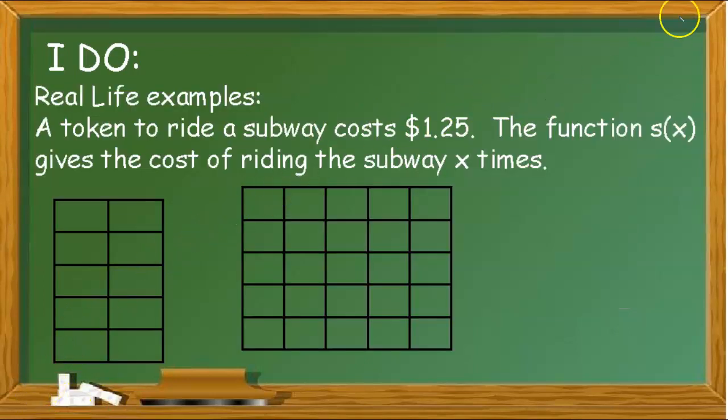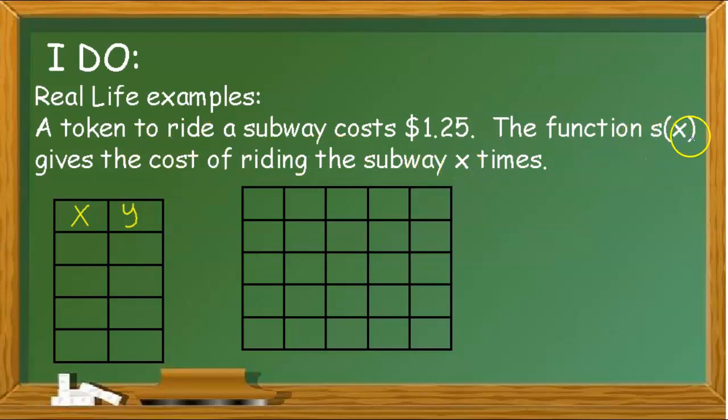So let's get an example of how we're going to do discrete graphs. We're actually going to be writing our own set of points and even formulas for that. Here is our table. We've got X and Y. Here's what it says. A token to ride a subway costs $1.25. The function S of X, subway, X times.